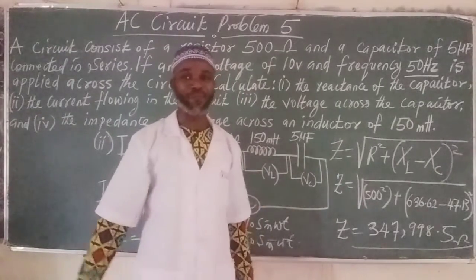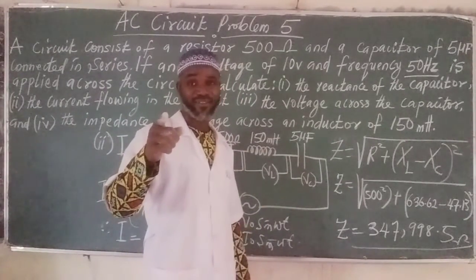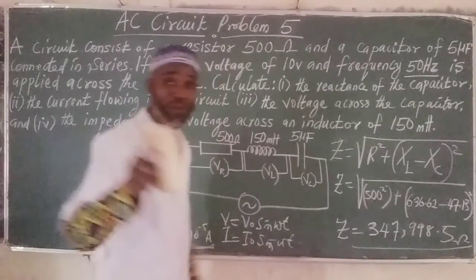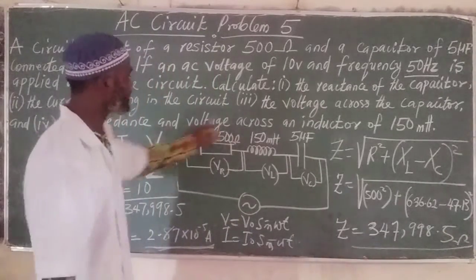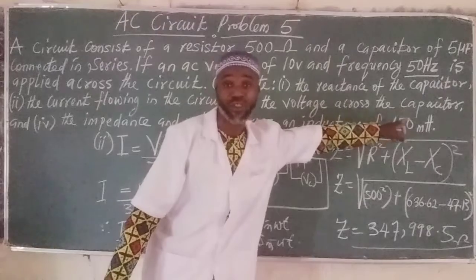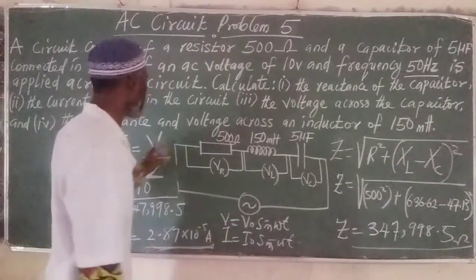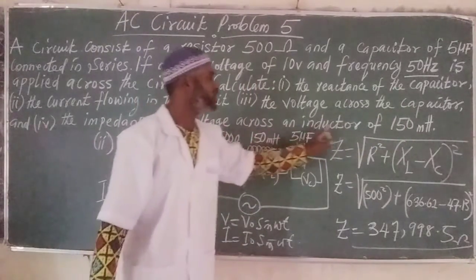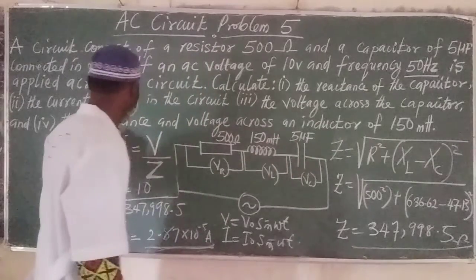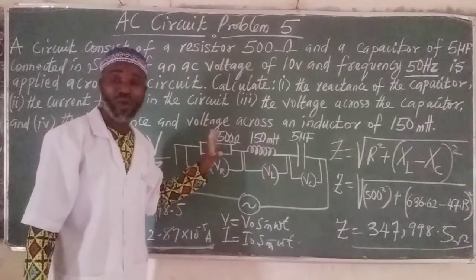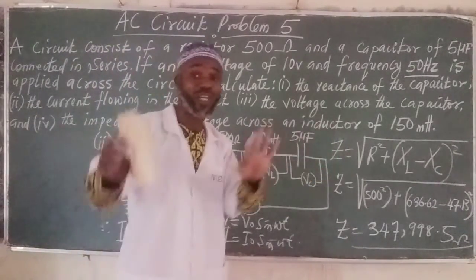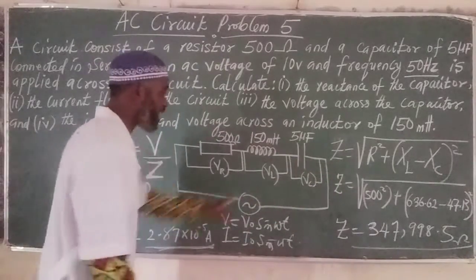This is interesting. I'm going to stop here, right? Next time in my class, we'll be looking at the third one, the voltage across the capacitor, and then voltage across an inductor, including the impedance. We're going to find the impedance on the inductor. We've already done that, so we don't need to repeat that. It's already there.